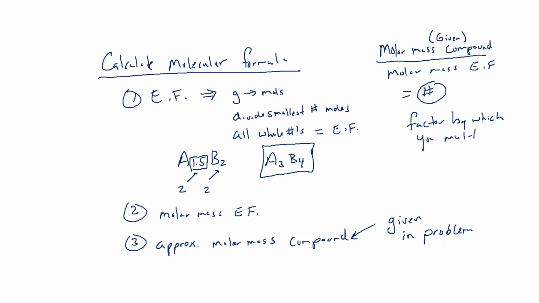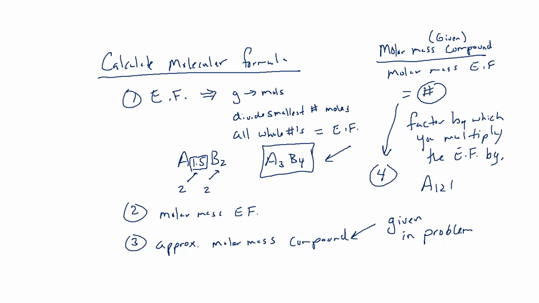So let's just say, for example, here, we do have my empirical formula there that we had, which was our A3B4. And let's just say that the factor that we got when we did the molar mass of the compound divided by the empirical formula molar mass was 4. We would multiply that 4 by everybody in the empirical formula.